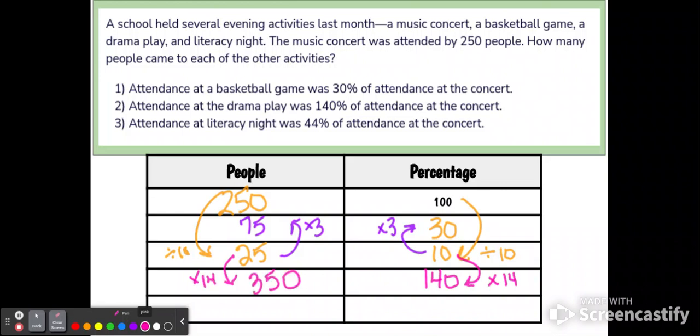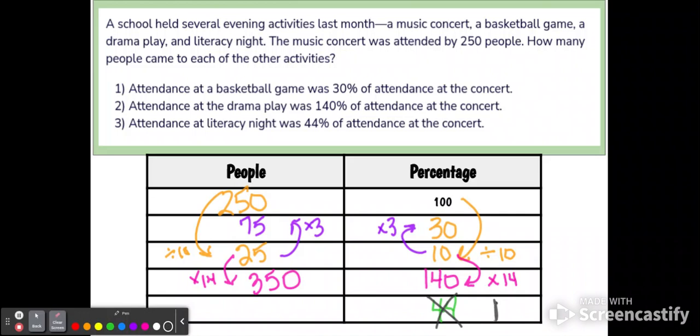The last number is 44. But we figured out with our double number line, I can't count by 30s to get to 44. I can't count by 10s to get to 44. I can't divide 140 by anything to get 44. So I'm going to have to find a different number than 44. I'm going to scale down all the way down to 1.